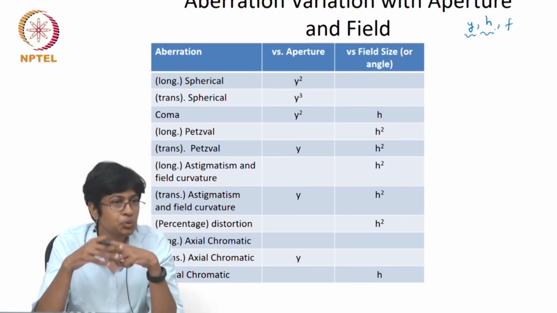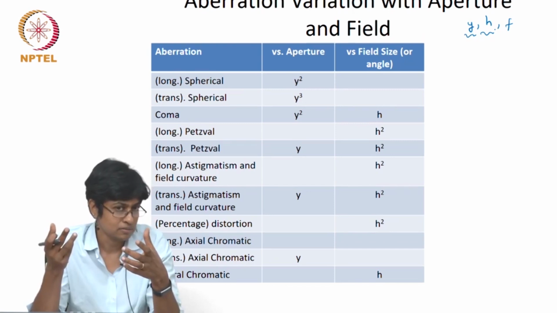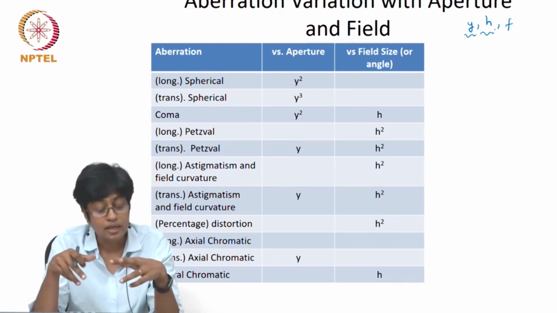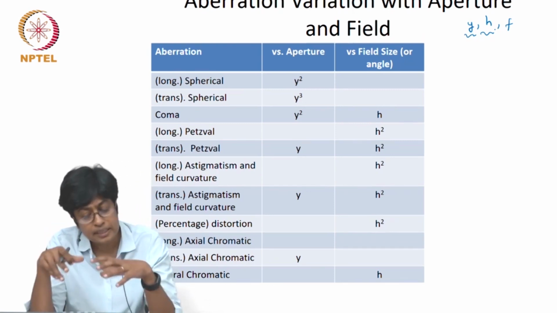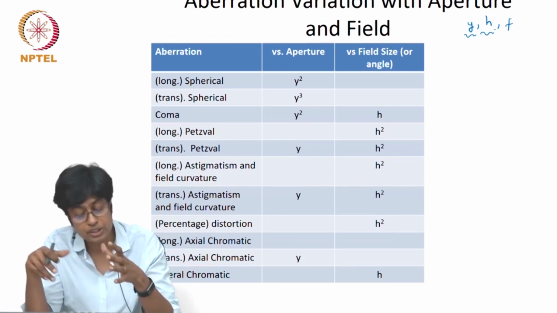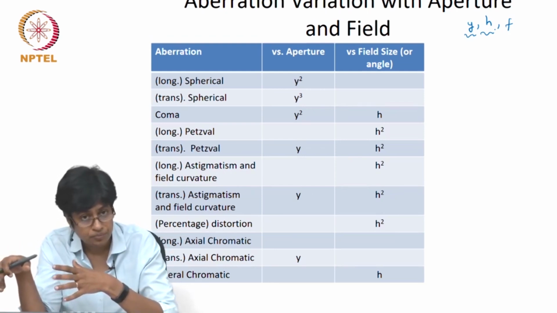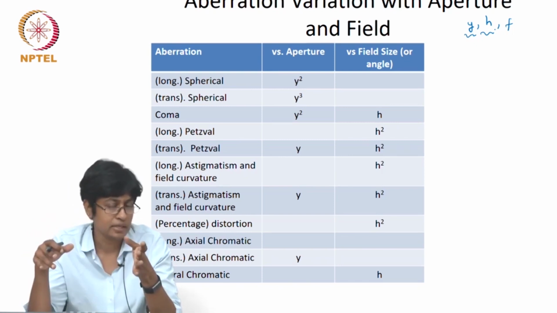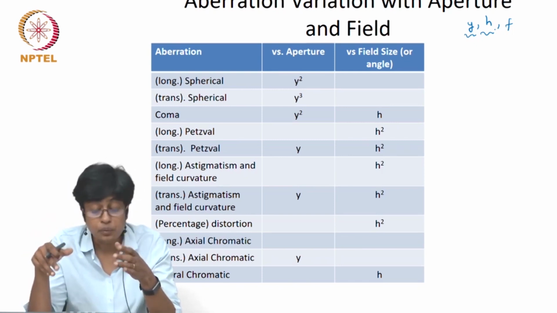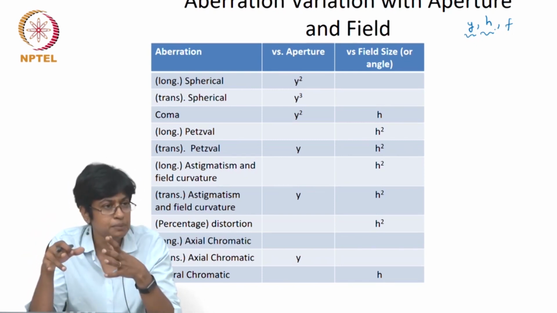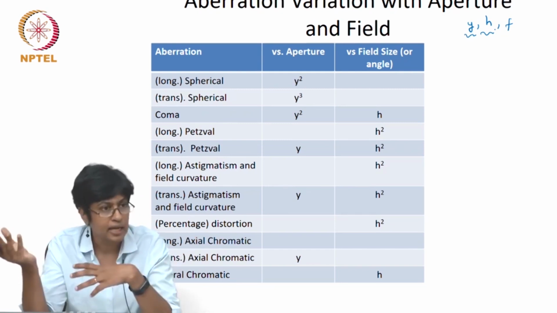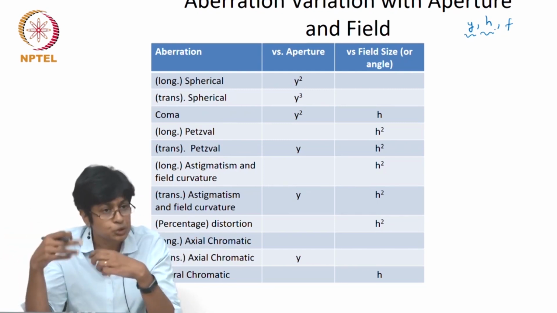It turns out you don't have to recalculate everything, because of the way the aberration is dependent on aperture and field size. If you have already calculated those values, you can just use the relationship between the aberration and that particular parameter to recalculate.